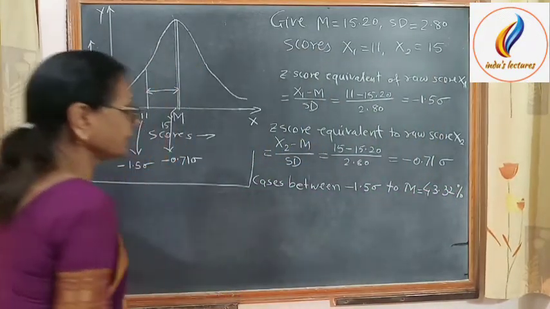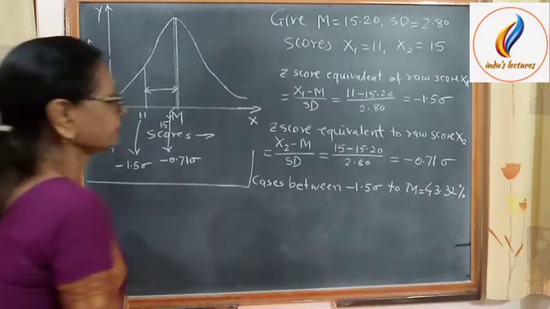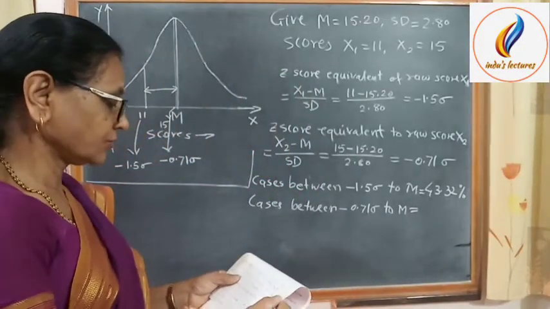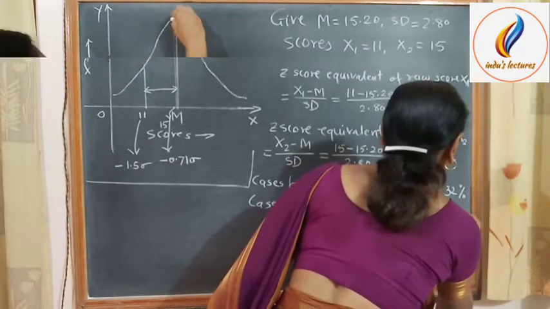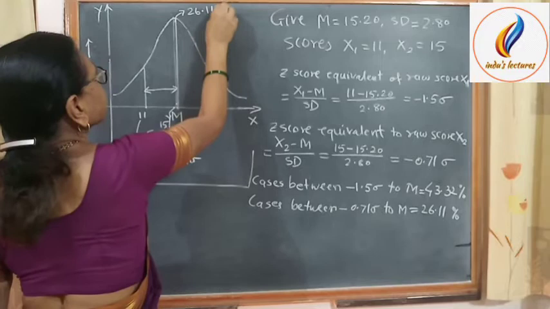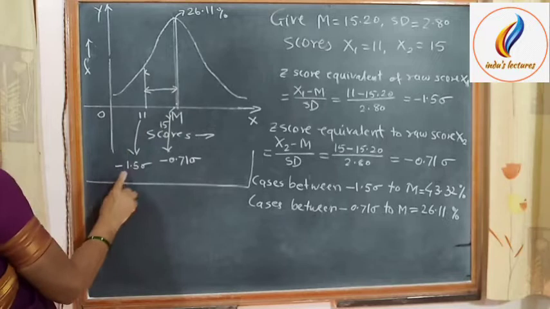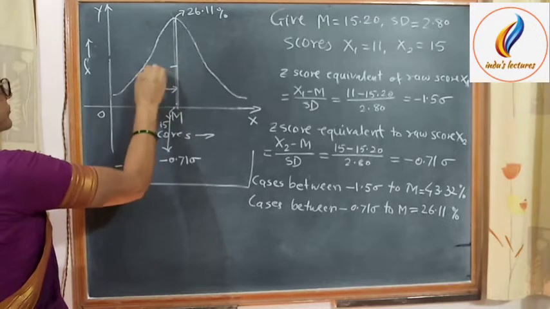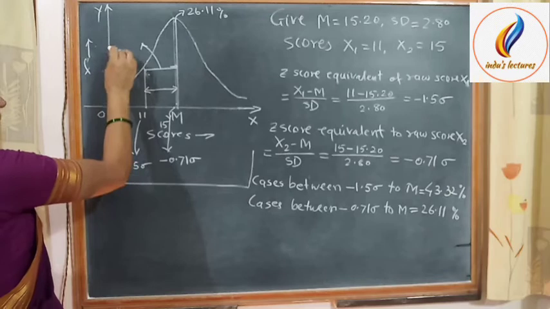Again, the cases between minus 0.71 sigma to mean are 26.11%. In this area, the percentage is 26.11, and the area between minus 1.5 sigma to mean, that means up to this, is 43.32.